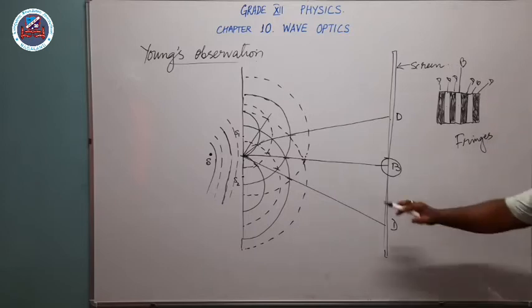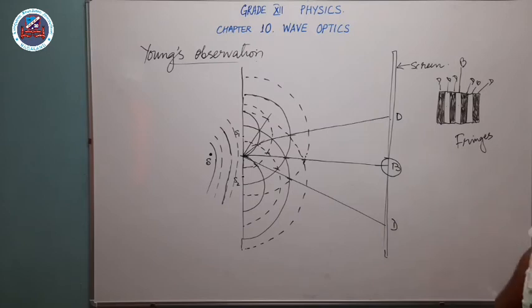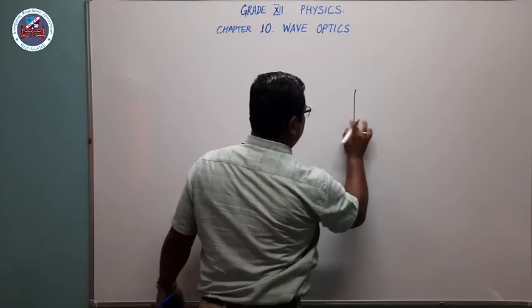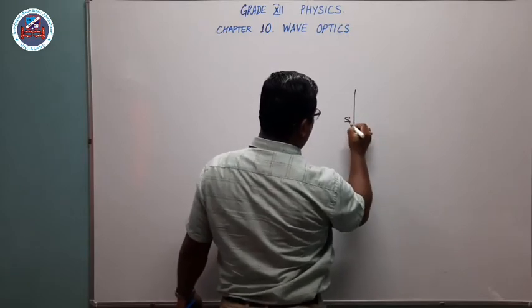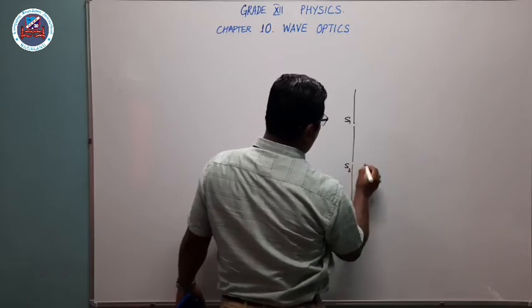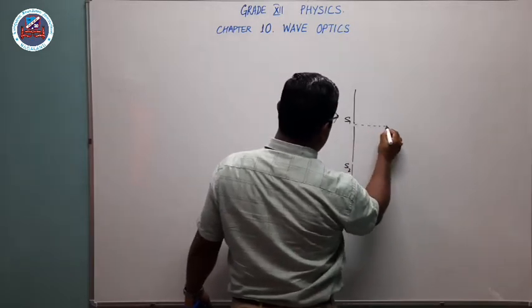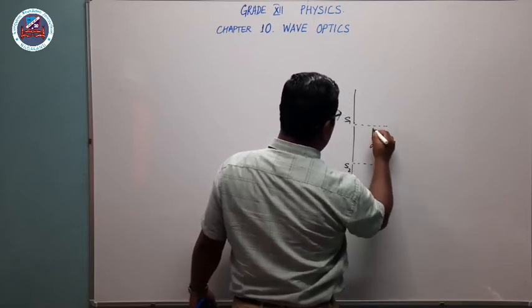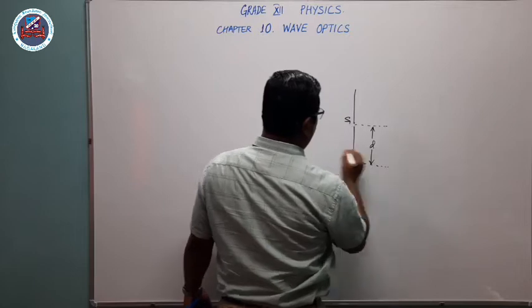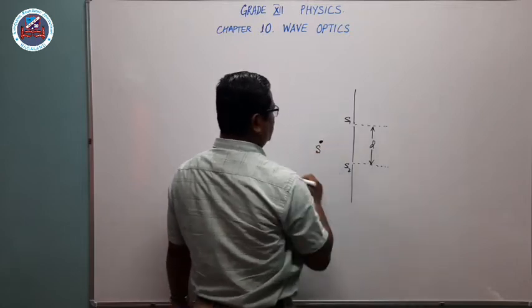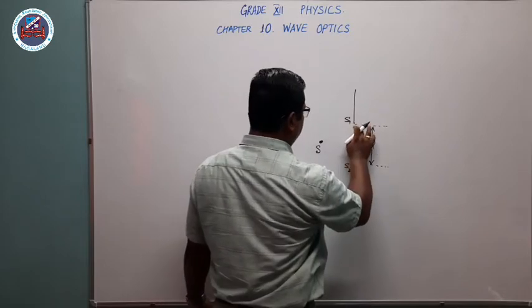Now with this idea we can start doing his experiment. These two slits, S1 and S2, are kept at a distance, say small d, apart from each other, and this is a strong source of monochromatic light of single wavelength.